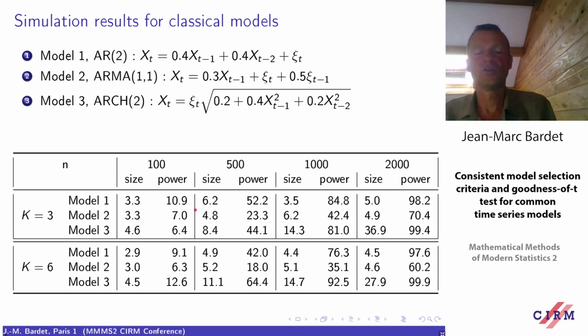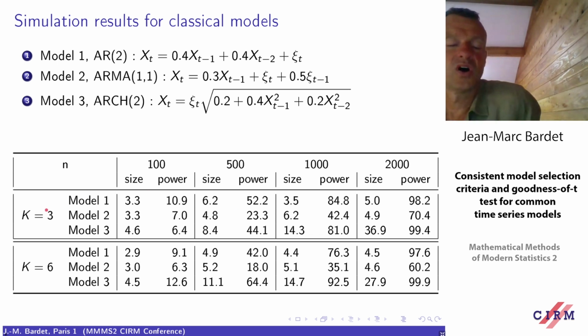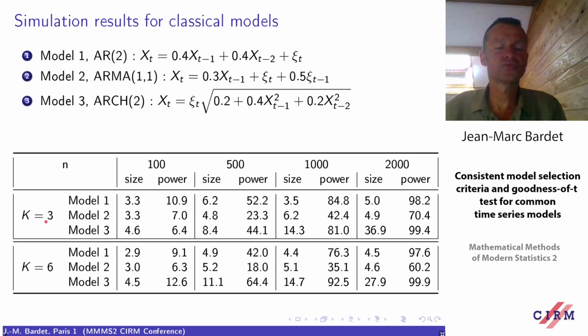And here we can find that for k equal to 3 or for k equal to 6, generally, when we choose 5% for the error of the goodness of fit, we are very close to this size, except for ARCH processes where it is not so good when n increases.